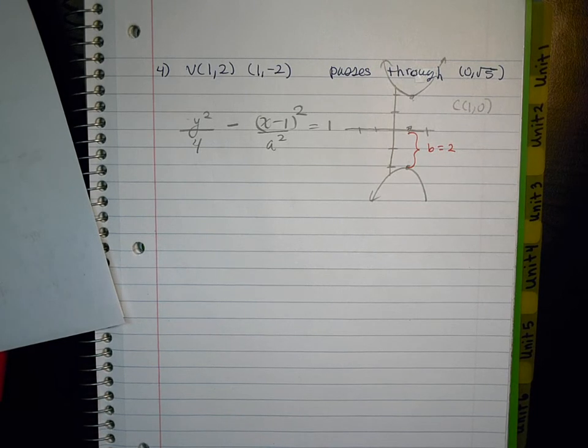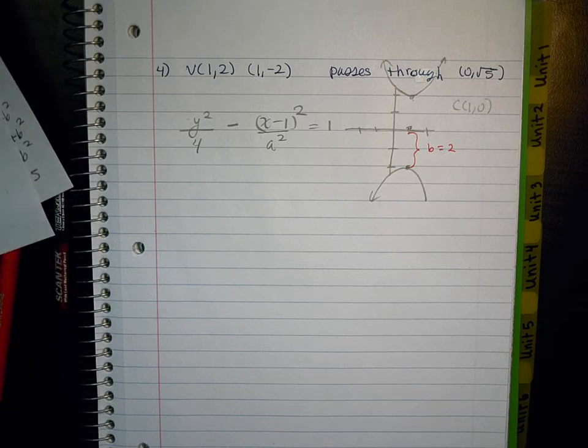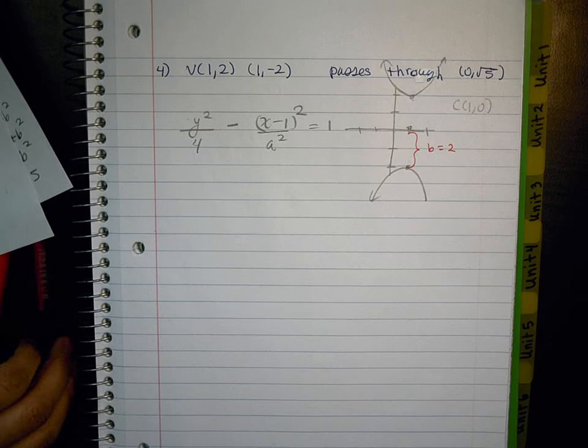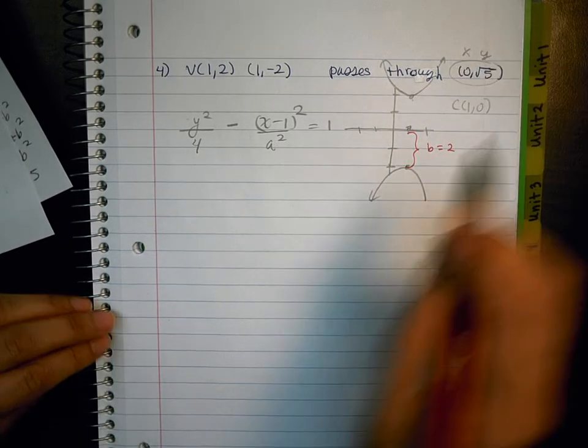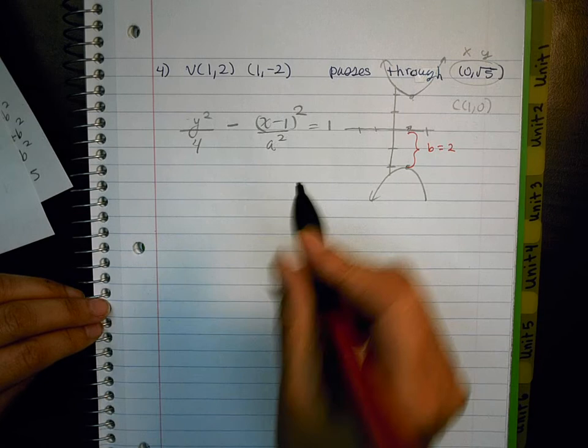So what we did when I went over the homework questions, the first few, where we plugged in the point, that's what we're going to do here. We're going to plug in x comma y to find a squared. A squared is what I'm looking for.